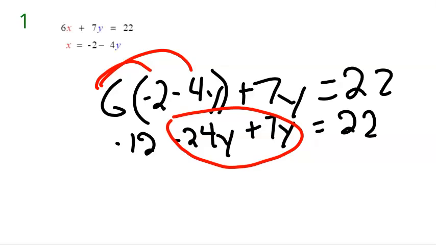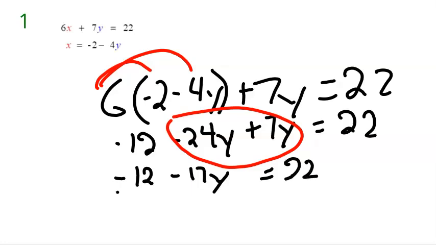Negative 24y and 7y. If we add those up, we'll get negative 17y. So we've got negative 12 and then negative 17y and then equals 22.